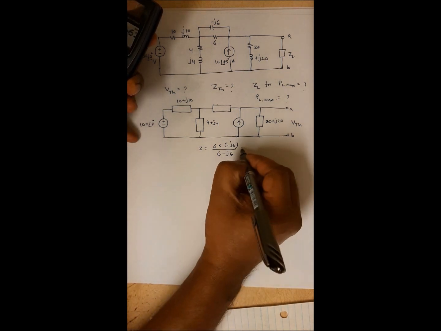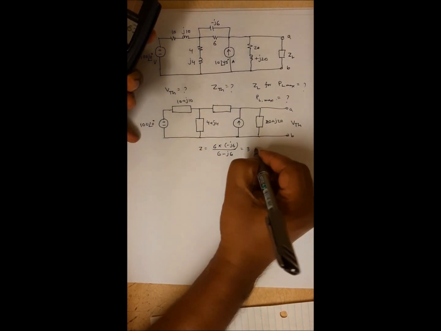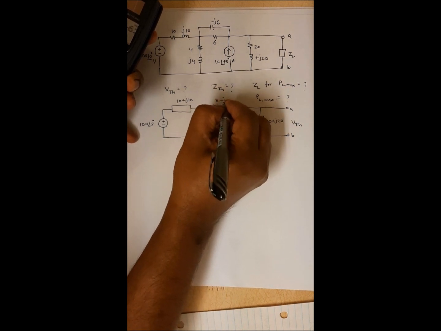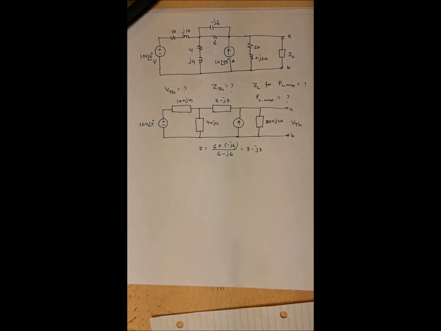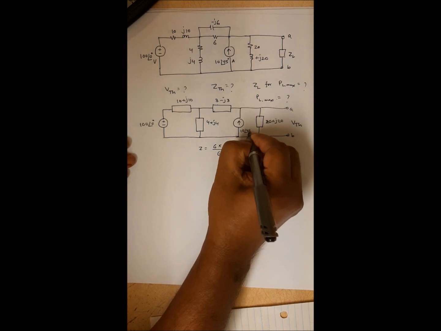So it goes 3 minus J3. This is 10 angle 45.